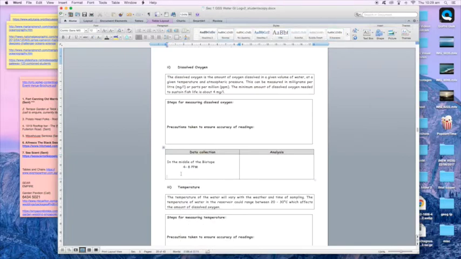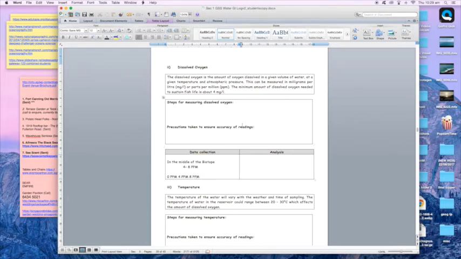If you remember the scale on the kit, what is the range? It's between 0 ppm, 4 ppm, and 8 ppm, with 8 ppm being the highest.